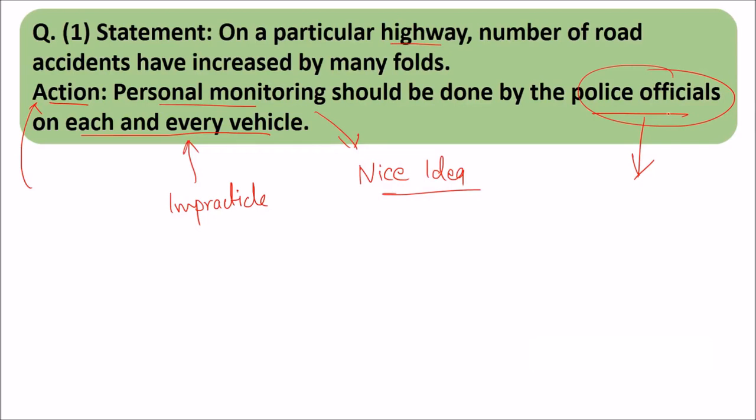Because of such solutions, more problems are created in other areas. So such solutions should be avoided. This is a very wrong action that should not be taken. So this is an example where we see that we should always choose a practical action which does not give birth to other problems.